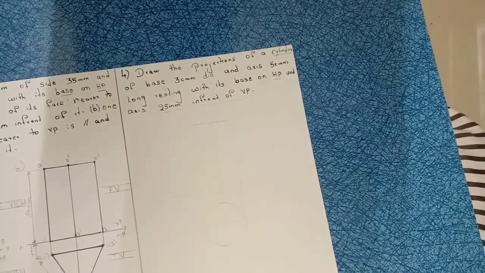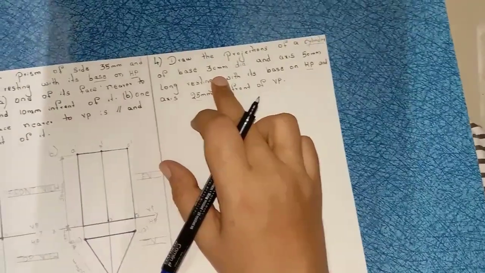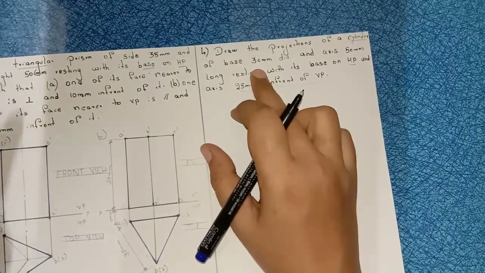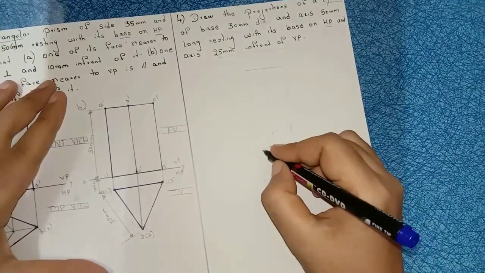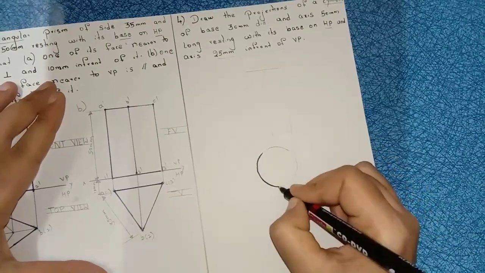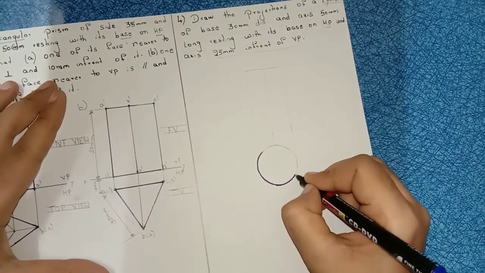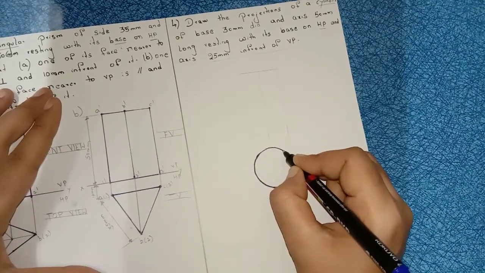So first, diameter is 30 mm, so radius will be 15 mm. I have already constructed the circle here. So take radius 15 mm and construct the circle, right?